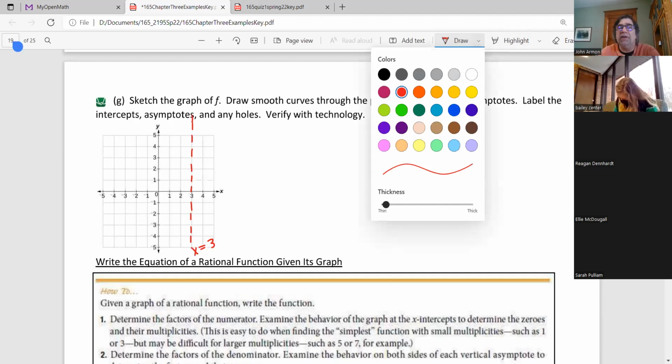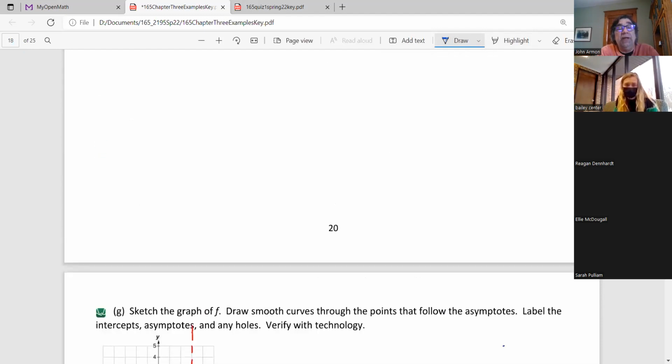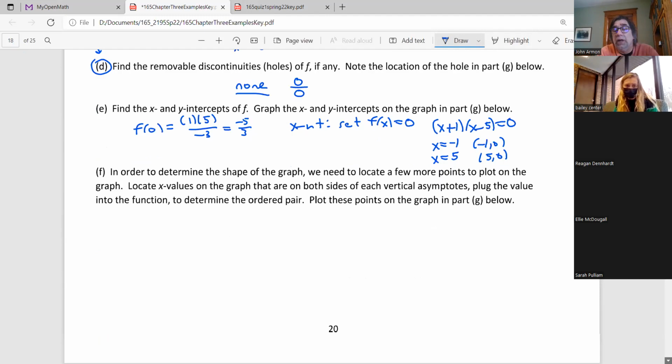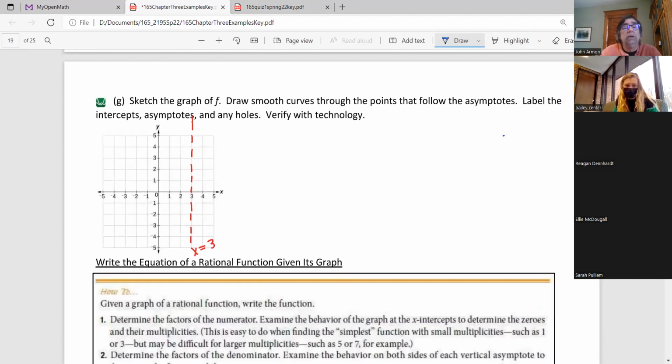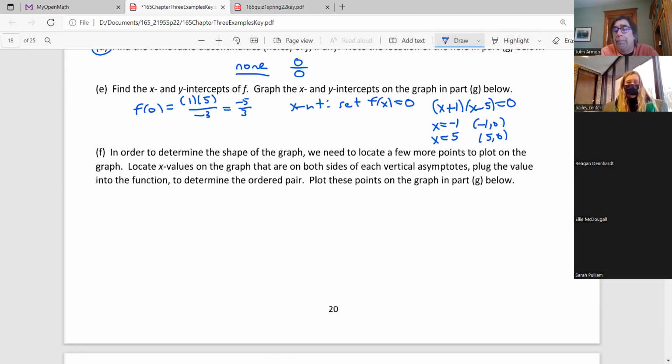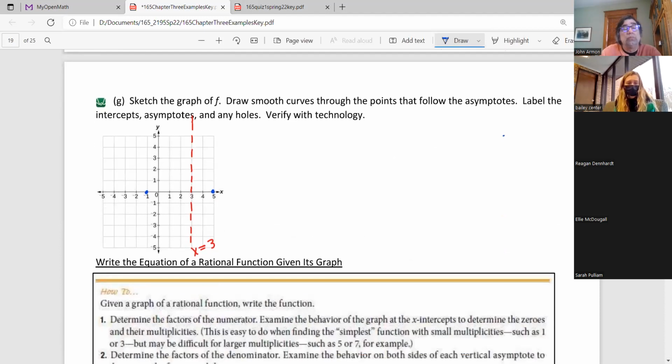We had two x-intercepts of, my memory is shot already, -1, 0, and 5, 0. Okay. And then our y-intercept was 0, -5/3, I believe. Yes, okay. We're about there.